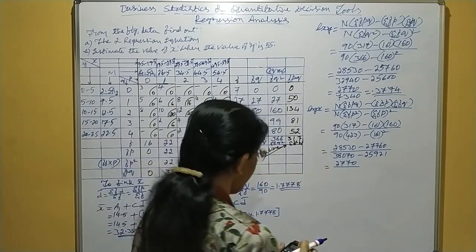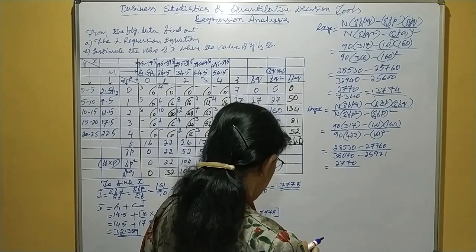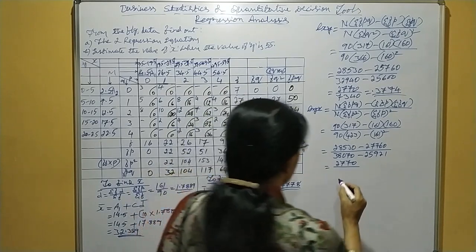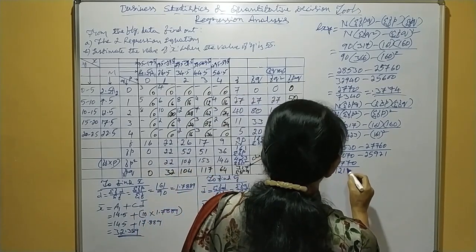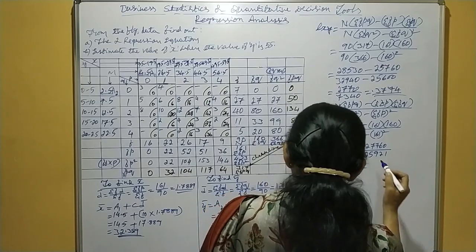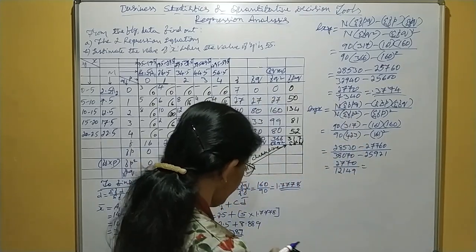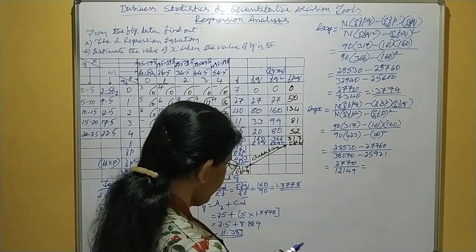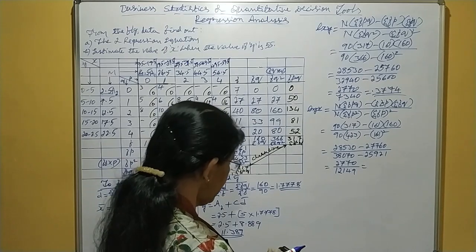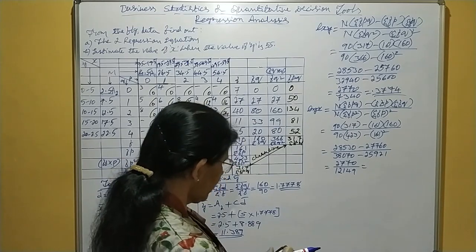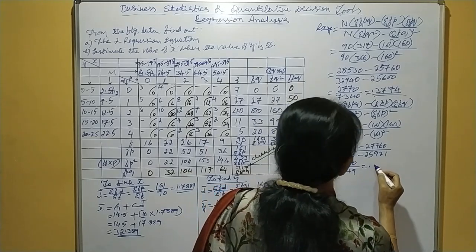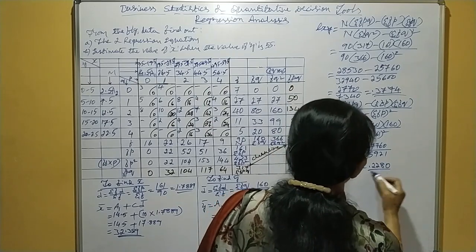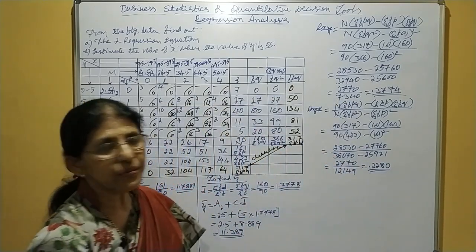Okay, now just copy the same because the figures are the same: 2,770 divided by 12,149. Now 2,770 divided by 12,149 comes to 0.2280.